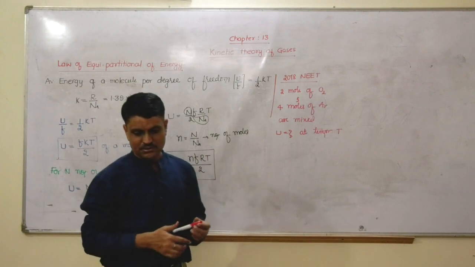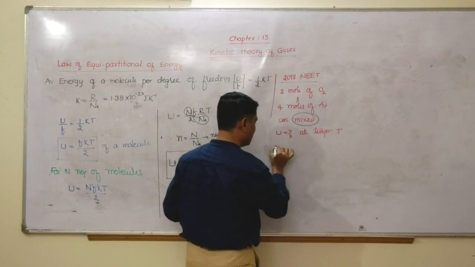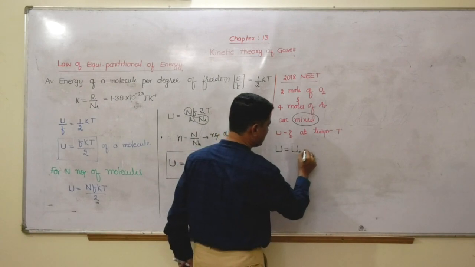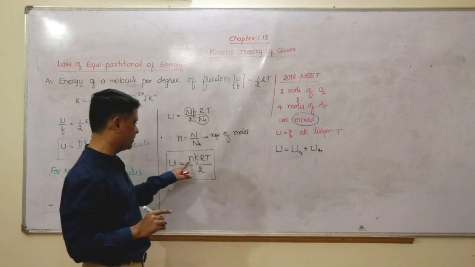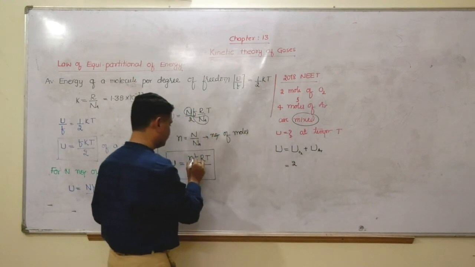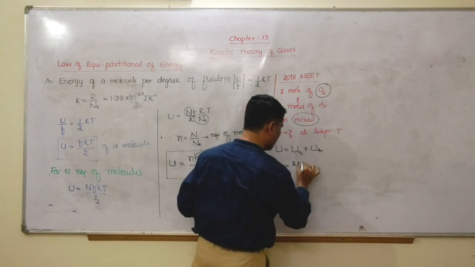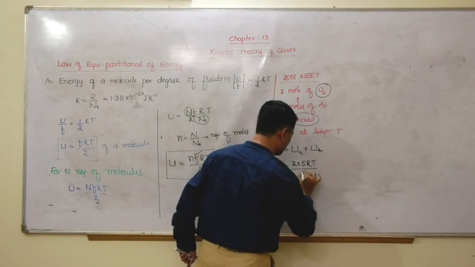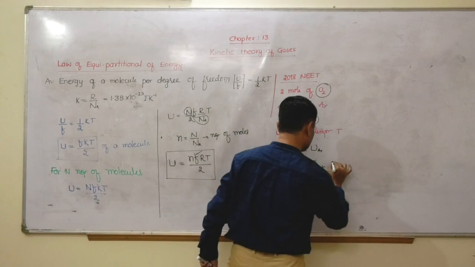Right? So then simple. As we know, it is a mixture. Therefore, total internal energy is equal to internal energy of oxygen plus internal energy of argon. I'll write it directly. Okay, here n means number of moles. Oxygen has 2 moles. F, degree of freedom. Oxygen is a diatomic. So degree of freedom is 5, RT by 2, plus argon, 4 moles of argon.